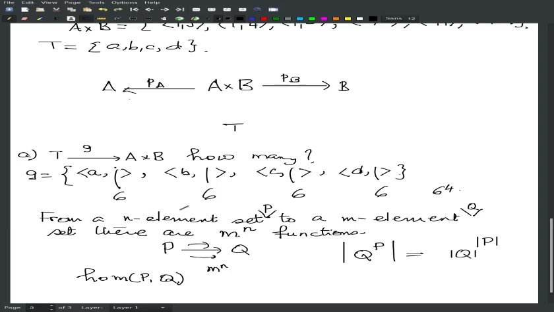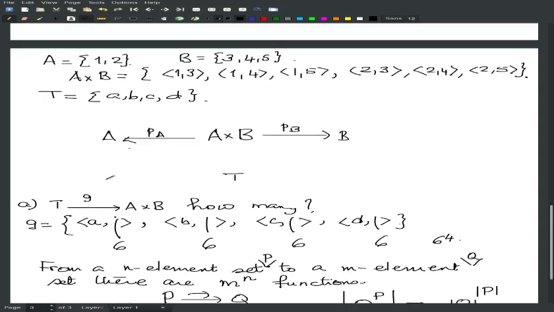Okay. Now, therefore, from T to A cross B, there are, as you have said, 6 to the power 4 functions. But what I am saying is, of these 6 to the power 4 functions, there is exactly one function whenever you have given me.